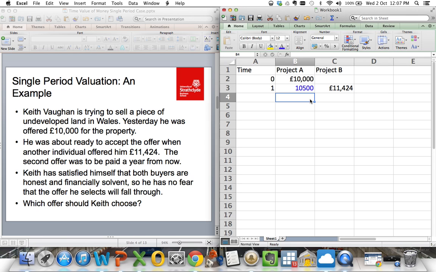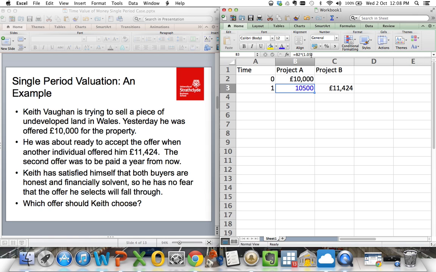So clearly, if you can only invest the 10,000 today at 5%, then project B is giving you more money. So with this offer, you would choose project B. You would reject the 10,000 today, and you would accept the offer to get 11,424.